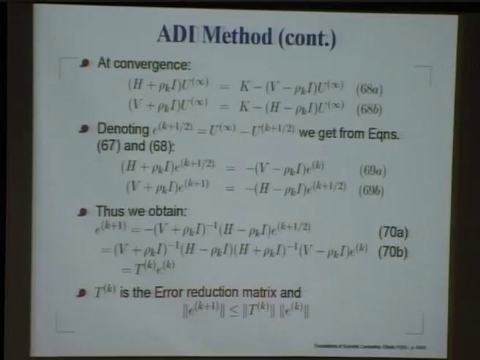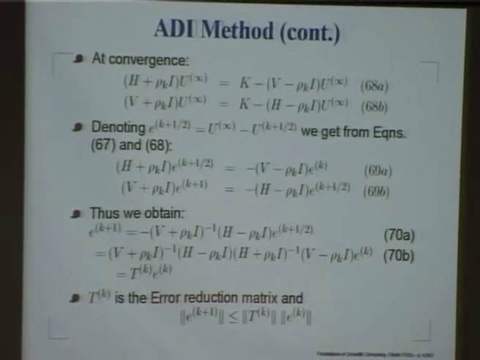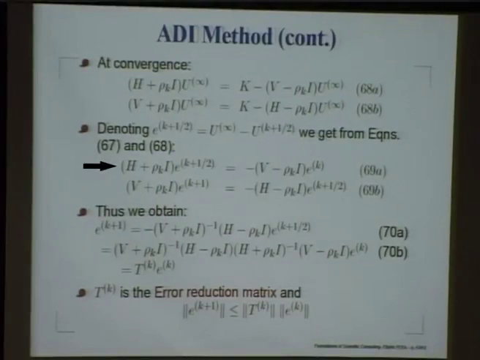Now, I can denote an error vector, which I have shown here for the k plus half step, that will be the converged solution minus the current solution, right. If I do that, then I can subtract these two equations from my primitive equations in 67, and subtraction would give me this equation H plus rho k I into E, and you can see in both the equations k is common.